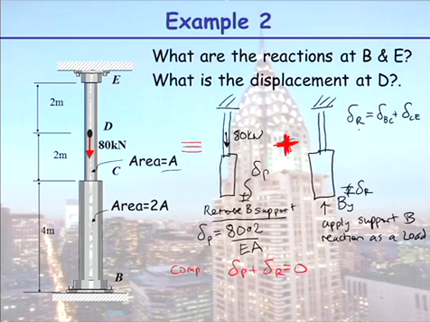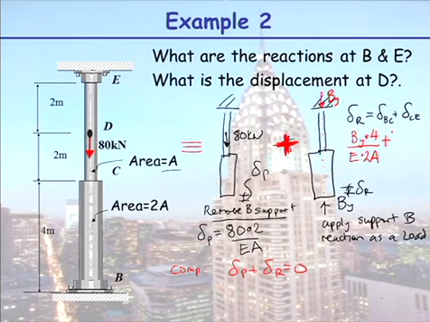So let's go back. What is our redundant deflection equal to? Well, in BC, it's equal to BY times our length 4 on E, and our area is 2A. And then we have to add to that the amount of compression we get in CE, which has, can you see, this all has the same force in it, BY.